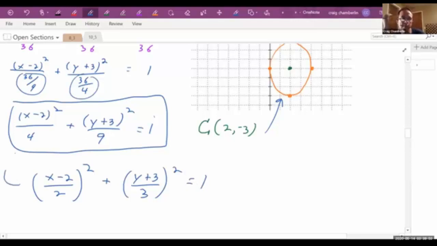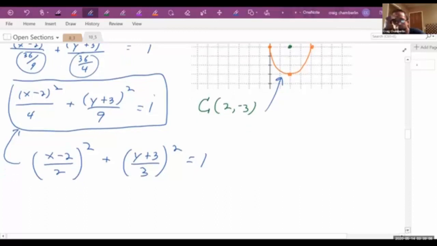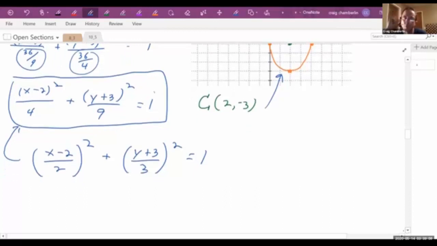That's equivalent to that. And then do you remember what you do from here? Or what you could do from here? What does this remind you of? Something squared plus something squared equals 1. Does it remind you of your favorite trig identity? The Pythagorean identity. The main Pythagorean identity. So you could do this to come up with your parametric equations.